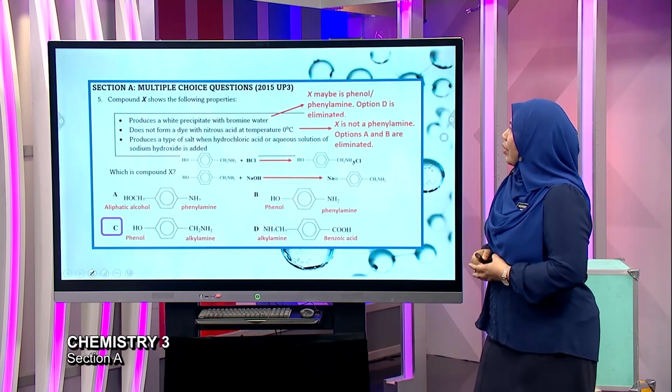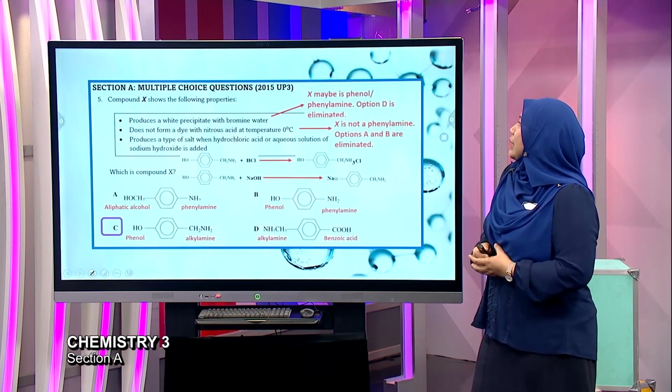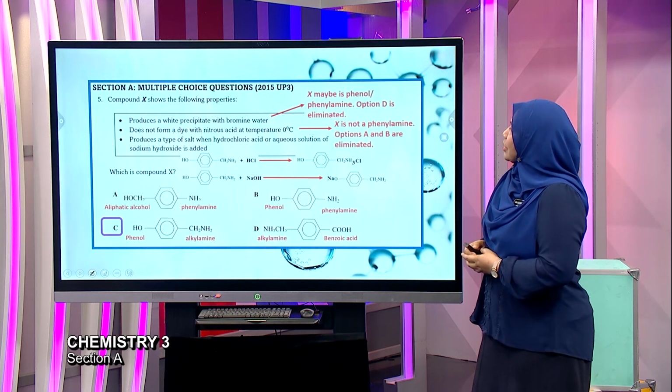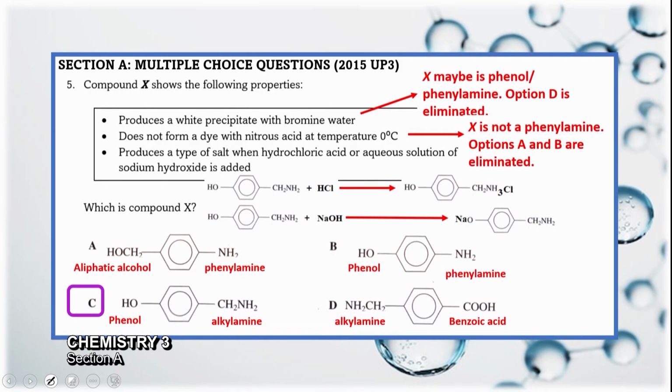Okay. We move on to the other question, 2015 repeat. Compound X shows the following properties. Produces white precipitate with bromine water, does not form a dye with nitrous acid at temperature 0 degrees Celsius, produces a type of salt when hydrochloric acid or aqueous solution of sodium hydroxide is added.